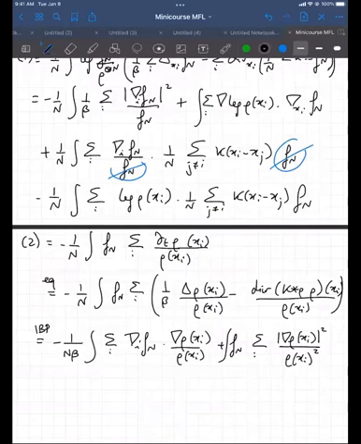So for the last term, integrate by parts again. So let's just leave it like this. So what I'm going to say is that this is minus 1 over n, sum of fn, sum.